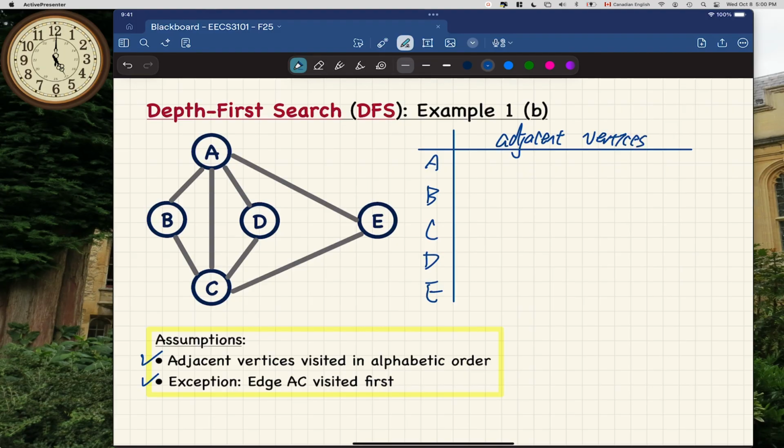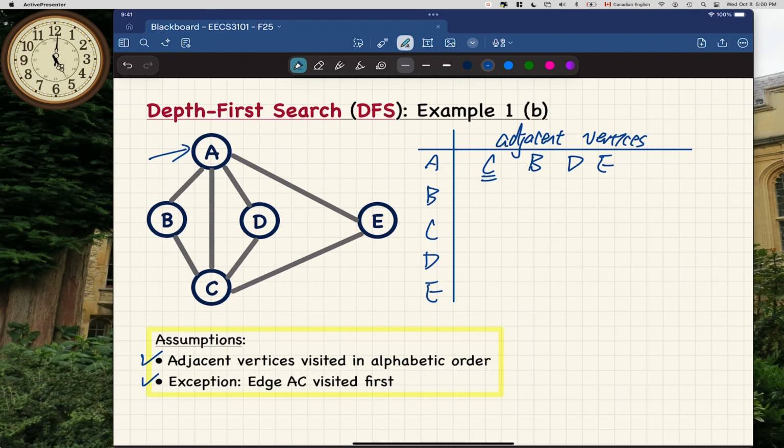So now for A, if we simply follow alphabetically, so let's say we start from A, it will be B, C, D, E. But we say that AC must be visited first, right? So it's going to be C, B, D, E. So this is some exceptional rule we apply, right? So that's going to make a difference, okay?